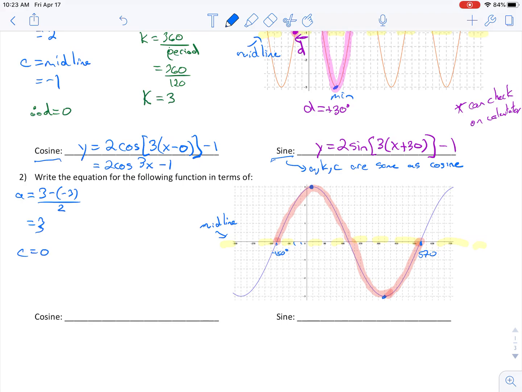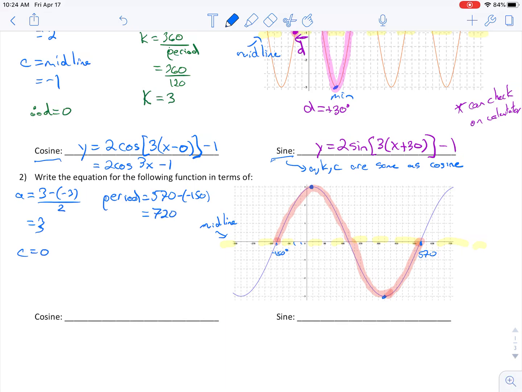So my period is going to be 570 minus -150.